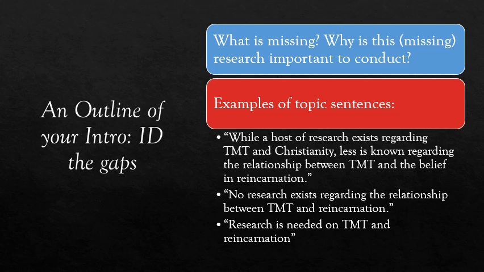You could say things also like, no research exists regarding the relationship between TMT and reincarnation, or research is needed on TMT and reincarnation. However, I do think that the first sentence is the best way of outlining the gap in the literature.